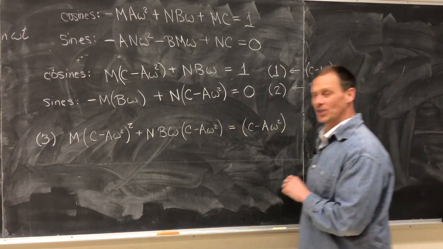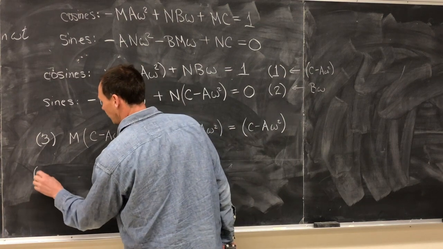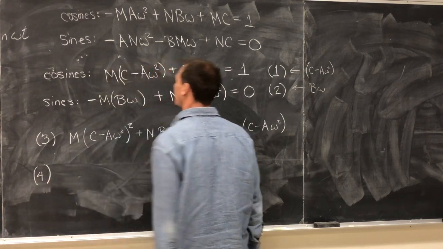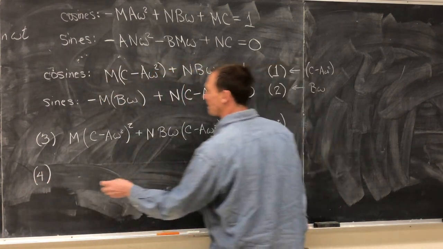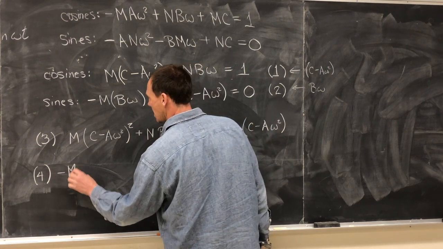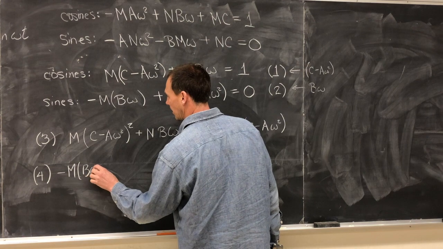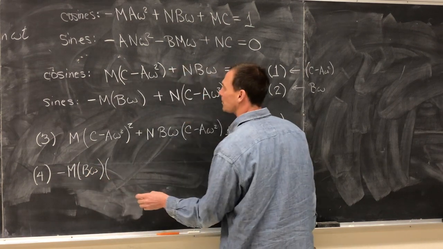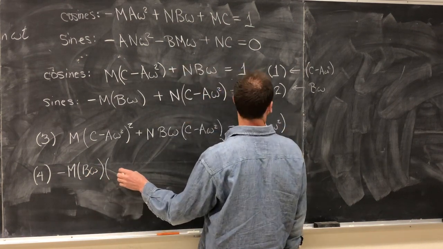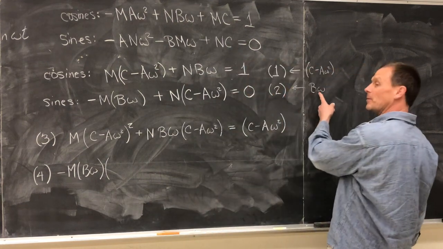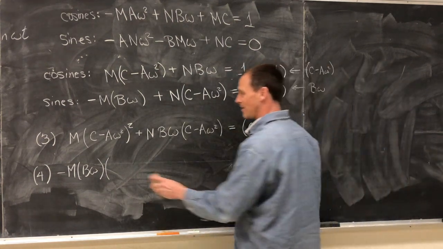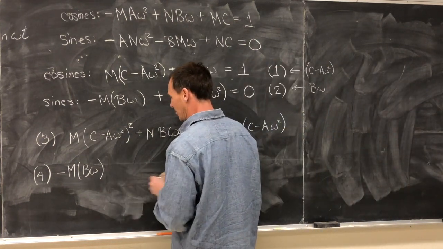Okay, there's equation 3. Equation 4, this is going to be minus m times b omega times, oh goodness, I'm multiplying it by b omega. So let's just square that. Oh, this just gets better by the moment.